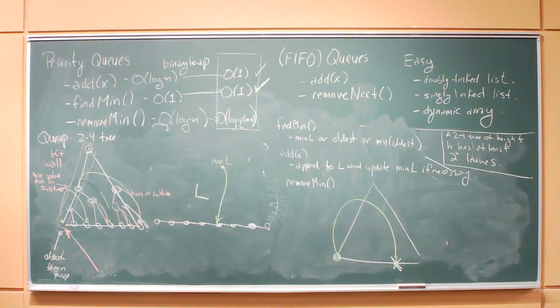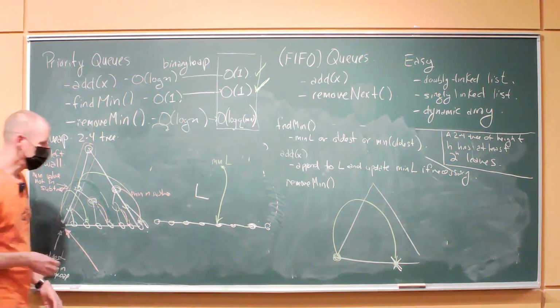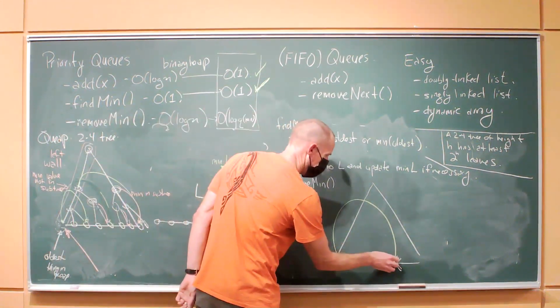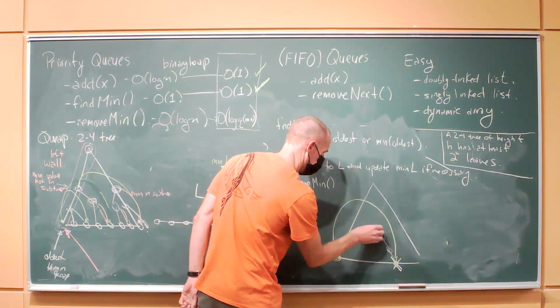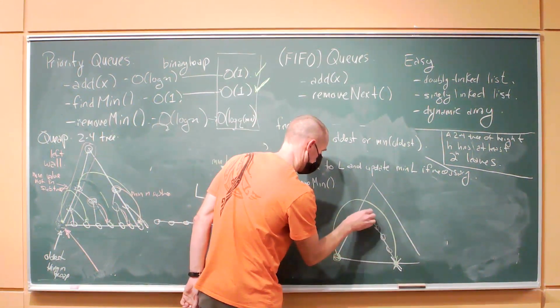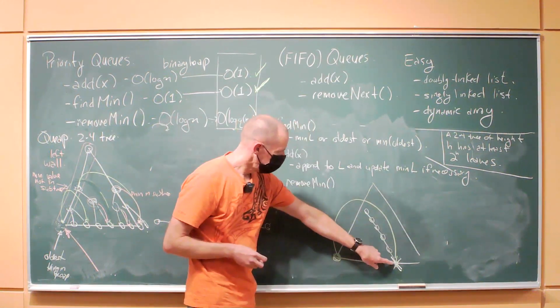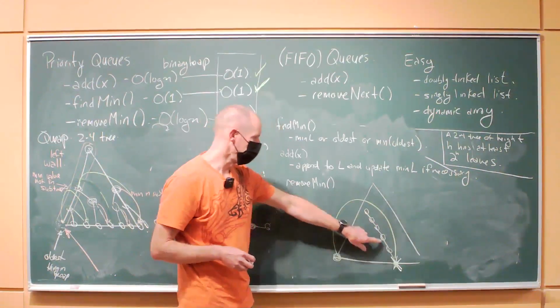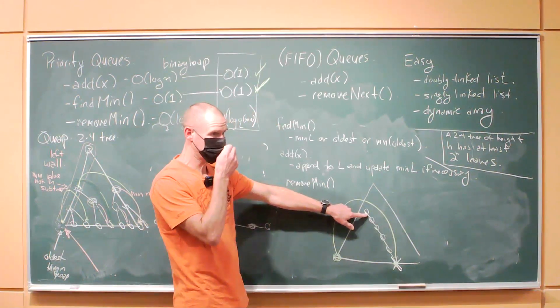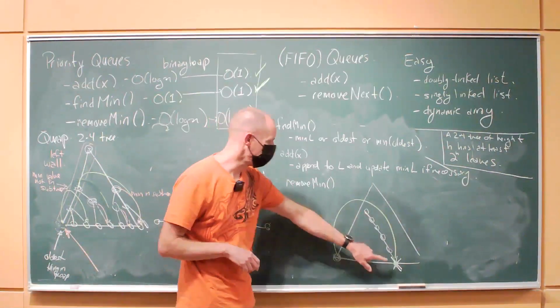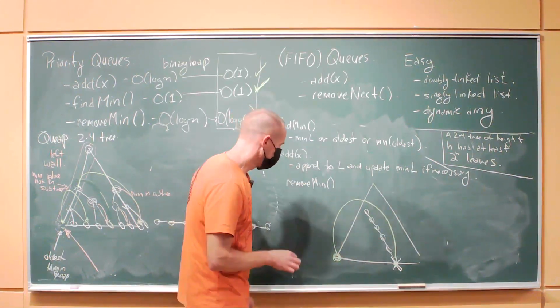Well, everybody here is storing some min value either in their subtree or outside their subtree. So we need to update the ones that need to be updated. In particular, everything on this path definitely needs to be updated, because the smallest value in this subtree just disappeared.